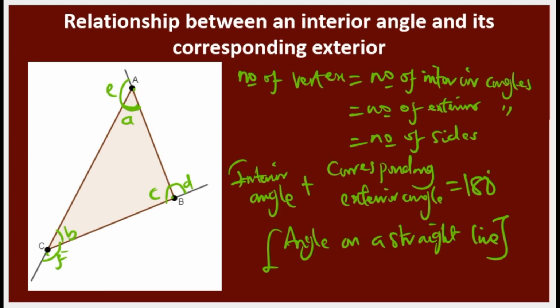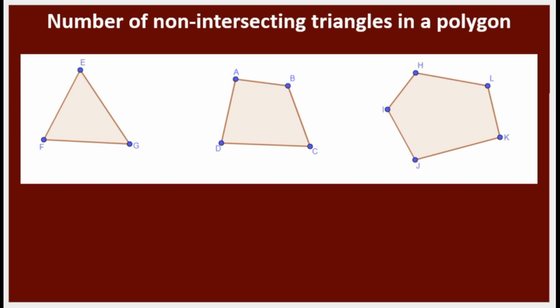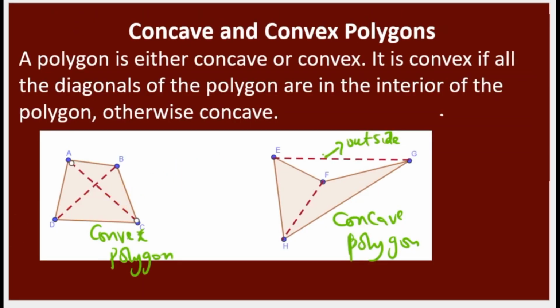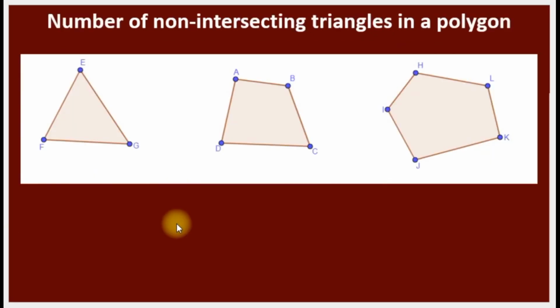We will still solve questions on this. Let's know the foundation before we move to real technical questions. So we're on the number of non-intersecting triangles. In any polygon, we can form triangles inside.